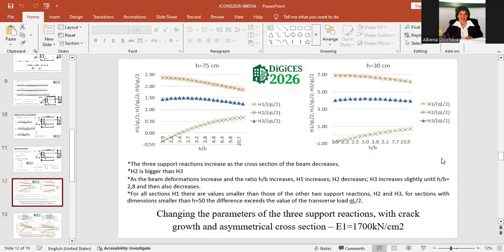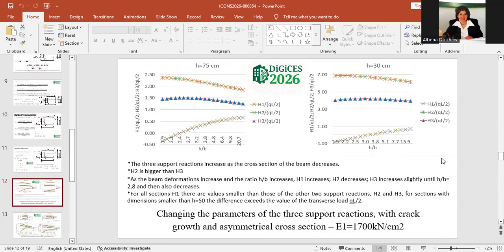We can see that the support reactions for section 75 by 75 are smaller than the parameters of support reactions for section 30 by 30. The three support reactions increase as the cross section of the beam decreases. H2 is bigger than H3.